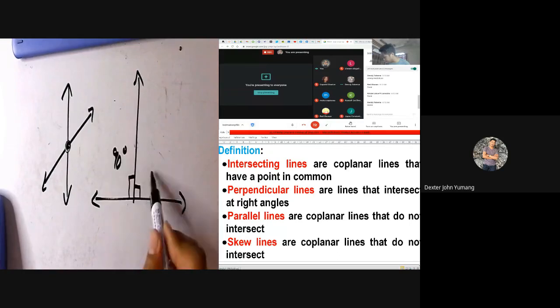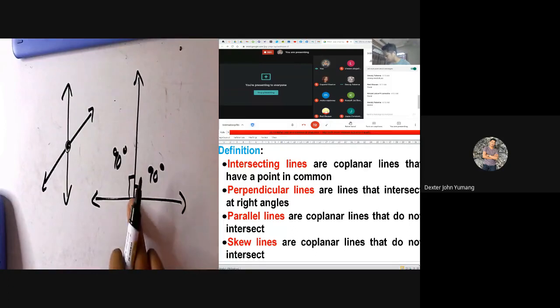So kaya siya naging right angle. So this is an example of a perpendicular line. So, ibig sabihin ng perpendicular line, dalawang lines na nag-cross or nagtama na naka-create ng 90 degrees na angle. Pero pag na-create niya is 89 degrees, therefore, hindi siya perpendicular line. Okay, please copy.